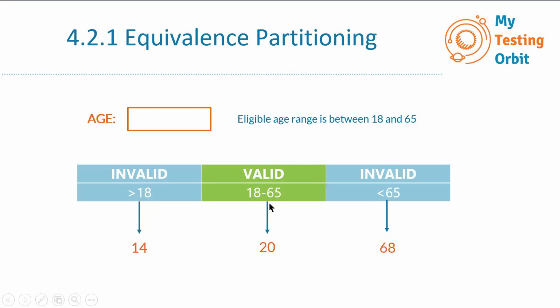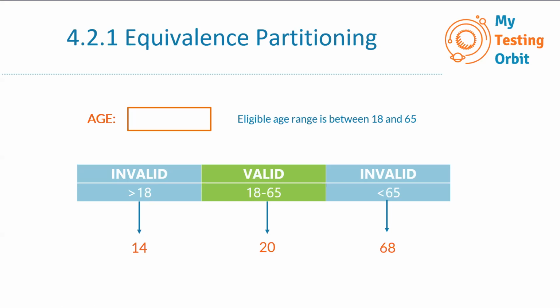So if the one value we have taken from a group is working, then we expect that the rest of the values in that group will work, and vice versa. So in this example, we can take our test conditions as age 14 from this group, 20 from this group, and 68 from this group.